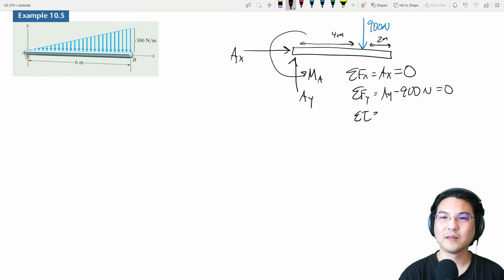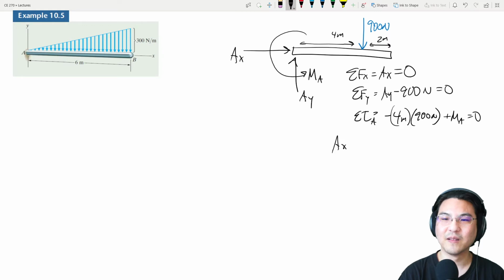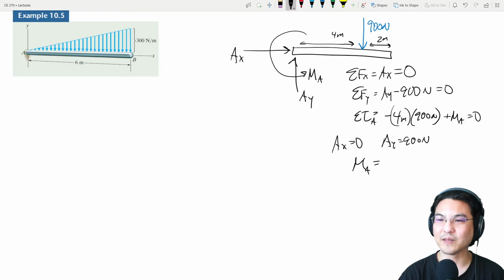In the sum of torque, let me sum torque about point A. There's no torque from Ax or Ay, but there is torque from this 900 Newton load, which is 4 meters that way, so minus 4 meters times 900, and then there's this reaction over here. So Ax is 0, Ay is 900, and the couple MA is 3600.